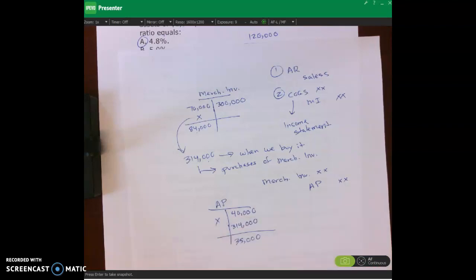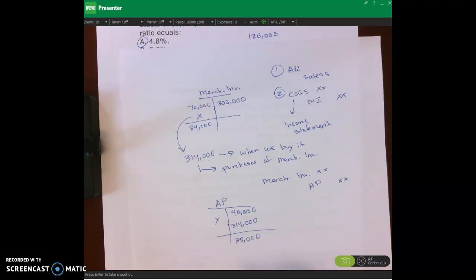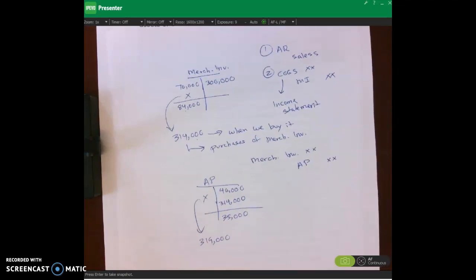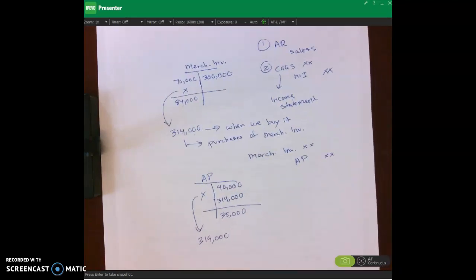Now we have to solve for X. How do we solve for X? 40 plus 314 minus 35. This is 319. What does this 319 represent? Well, when do we debit an accounts payable? When we pay it off. Remember the journal entry to pay off an accounts payable is debit accounts payable, 319, credit cash, 319.